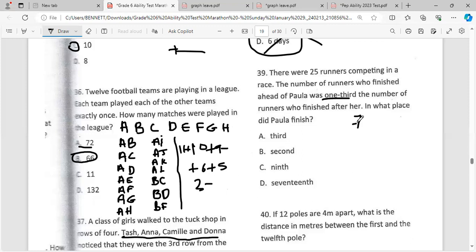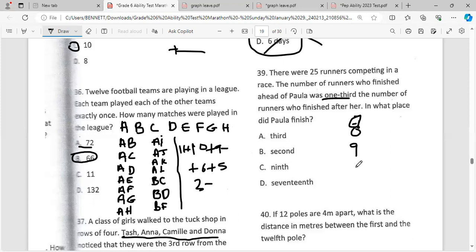No, it would be 8, right? So that means she finished at 9th position, correct? Yes, sir. And 8 would be behind her, sir.